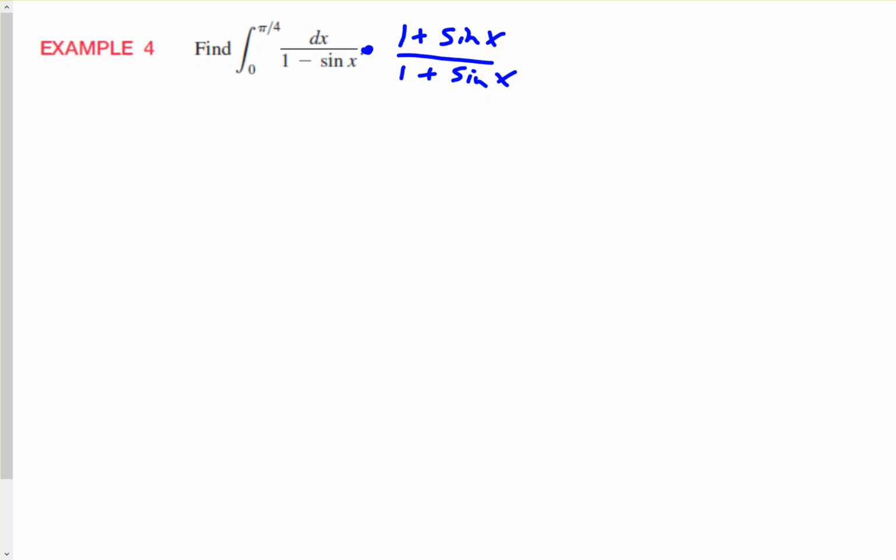Okay, so next we have the integral of 1 plus sine x over, and if we FOIL this out, we get 1 minus sine squared x.